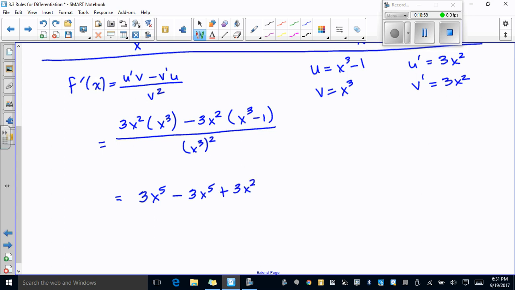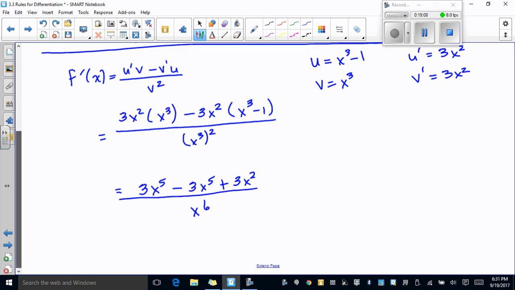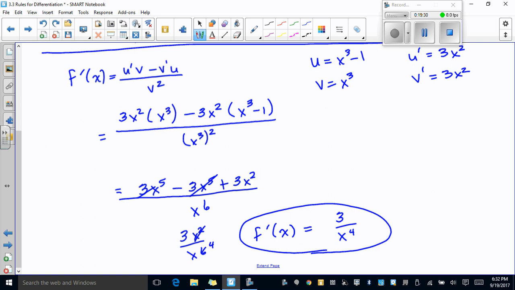All over x cubed squared: power to a power, you multiply, so x to the 6th. Our x to the 5th cancel out, and we're left with 3x squared over x to the 6th. After cleanup, f prime of x is going to equal, I can cancel that out and make that a 4, so I get 3 over x to the 4th. The derivative is much nicer than our original problem was.